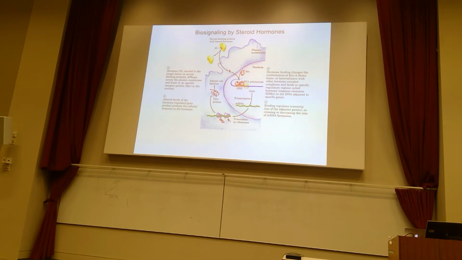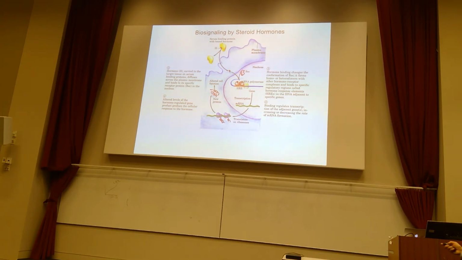Those bind and dimerize, and then they interact with other proteins to form a transcription factor complex that turns on the expression of genes that can either trigger things like proper development, determining sex characteristics, for example, in the case of estrogen or androgen receptors, but oftentimes also control cellular growth in an undesirable way.